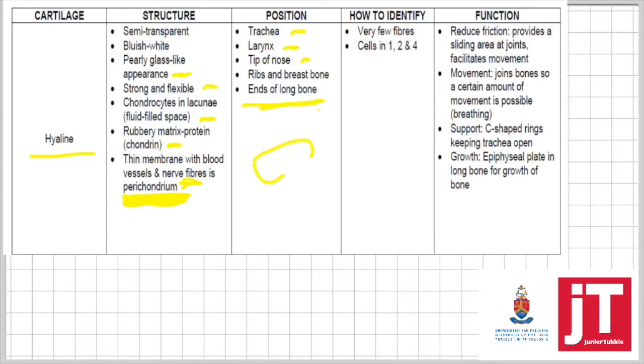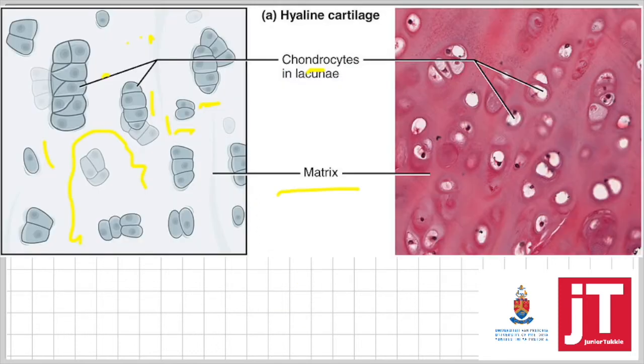If I draw an end of a long bone, at the end of the long bone, in red, I'm drawing the cartilage. That is now the positions where you will find hyaline cartilage. We've already done how to identify it. There are so few fibers that we don't even bother to draw them. As you can see, you have not seen any fibers in this diagram.